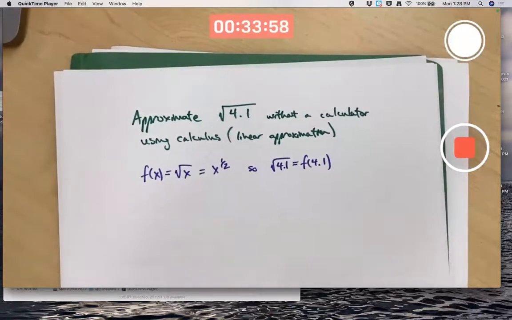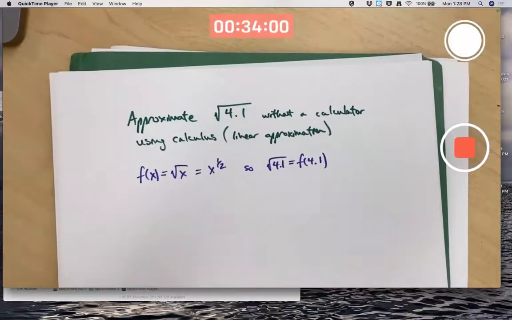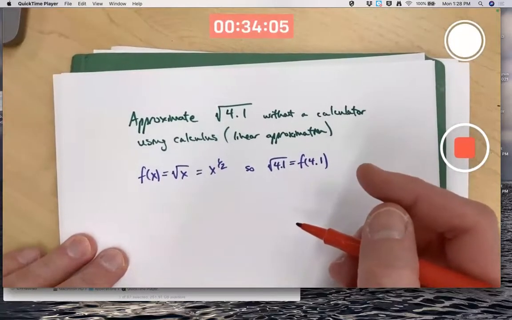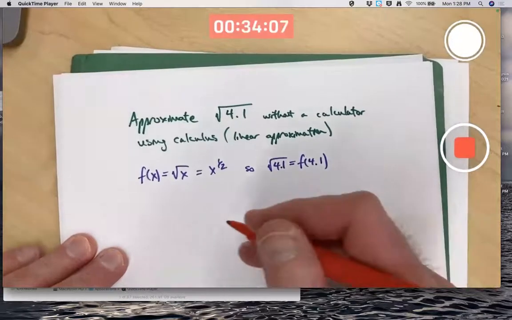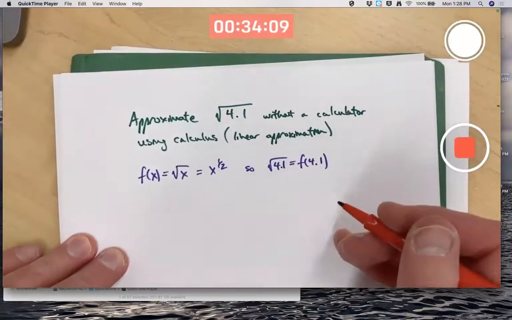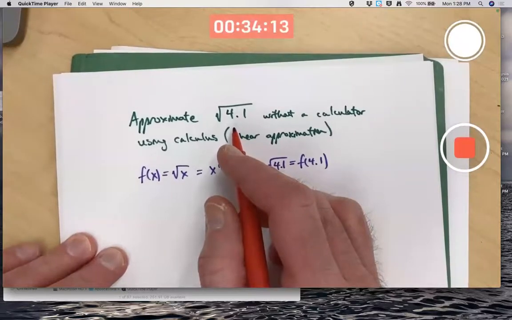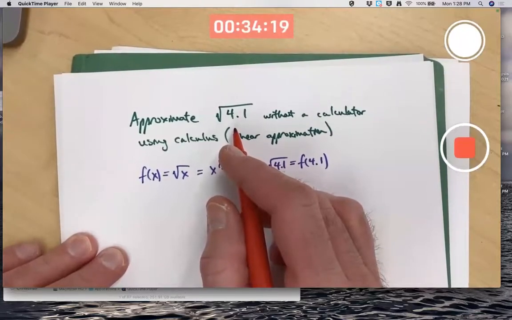That's a good first guess, and I'm glad you guessed it. Problem is, if we're going to use f of 4.1, we would be needing to use the thing we're trying to estimate. But hey, the square root of 4 is simple. That's just 2, right? Maybe I should use a equals 4. And yeah, that is the best thing to do.